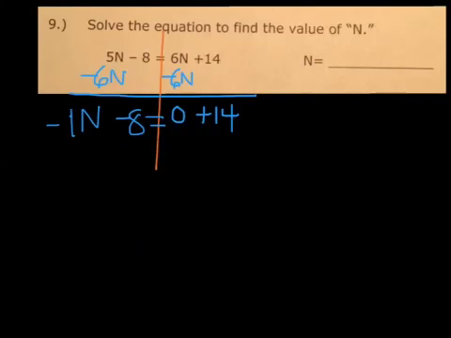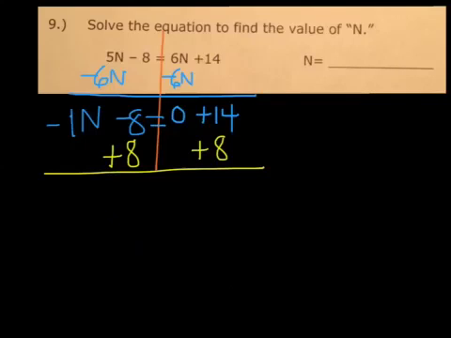So now your equation, I've got all my n's on the left side. I want to move or get rid of negative 8. How do you get rid of negative 8? You should do positive 8. Whatever you do on the left side, you should do to the right side. 8 minus 8 is 0. I still have negative 1n.